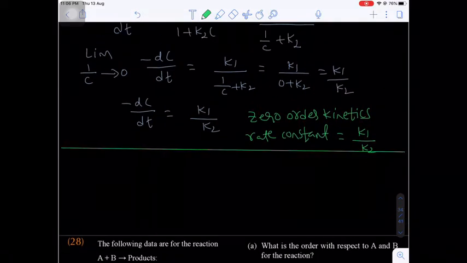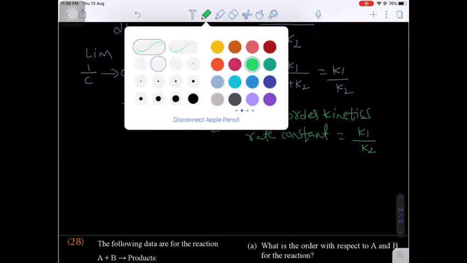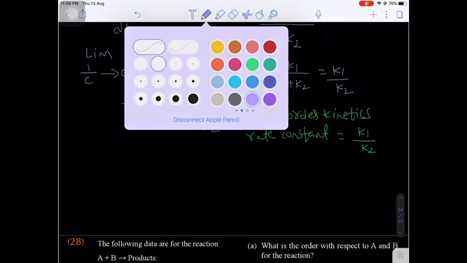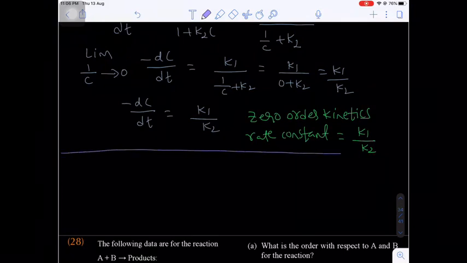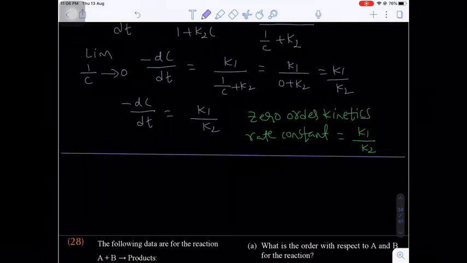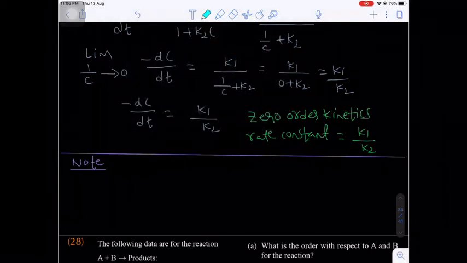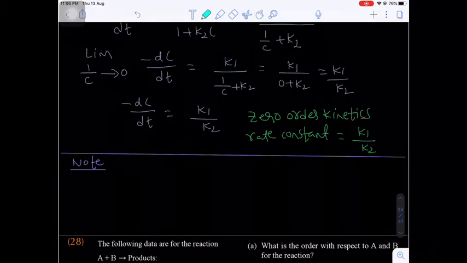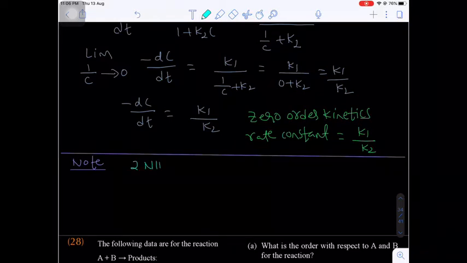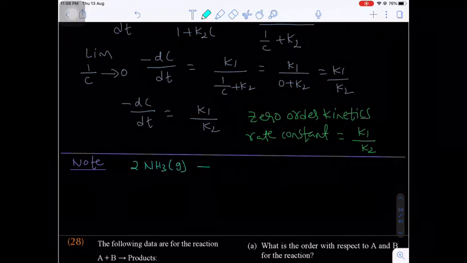Now I am writing one important note here. In the last class I told you that some external factors affect the order of a reaction. The order of a reaction can vary by changing external factors. Now the best example is ammonia.